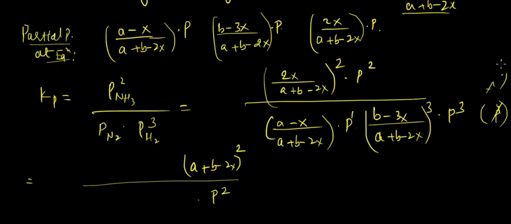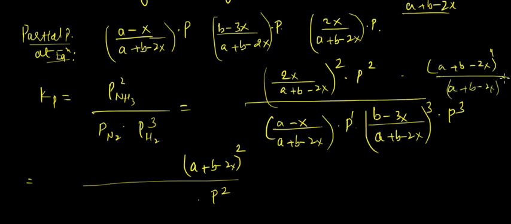Because if we observe closely, we can see that the denominator of the denominator goes into the numerator, so the numerator would have A plus B minus 2X to the power 4, and this denominator is A plus B minus 2X to the power 2. Just cancelling out 4 with 2, we get a square in the numerator term of A plus B minus 2X. So this part is done, the P part is done.